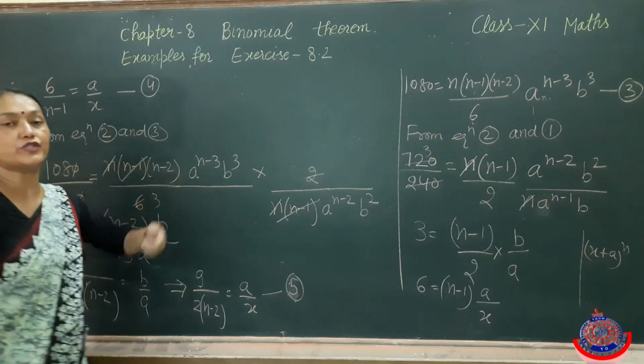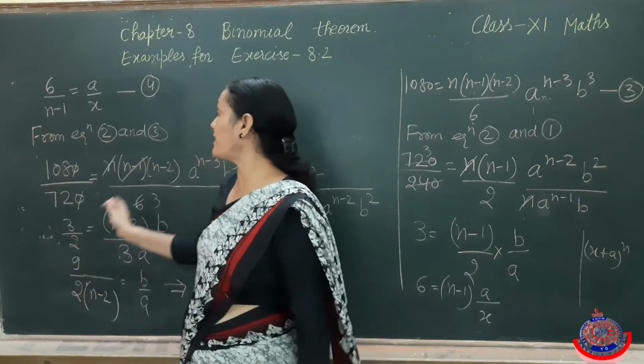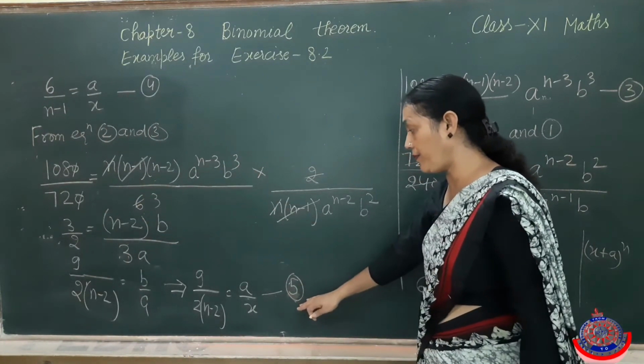Dividing first and second equations, we obtained the value of a upon x, and dividing third and second, we obtained the value of a upon x.